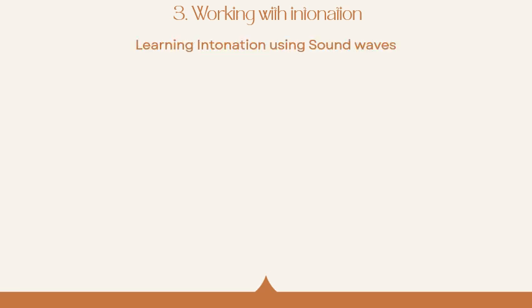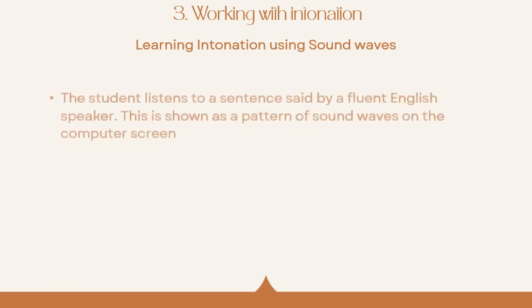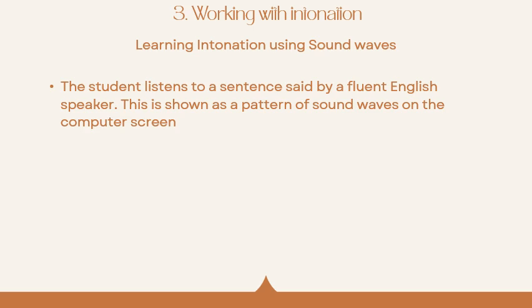The last way of teaching intonation is a little bit complicated, and I personally think that it's pretty time consuming if you ask me, but it's probably the most effective one out of all of these. It's to teach students intonation with sound waves. So the key here is to have some sort of recording device or computer, and students first listen to a sentence said by a native speaker, and then they attempt to copy the exact sound and intonation and then record it.